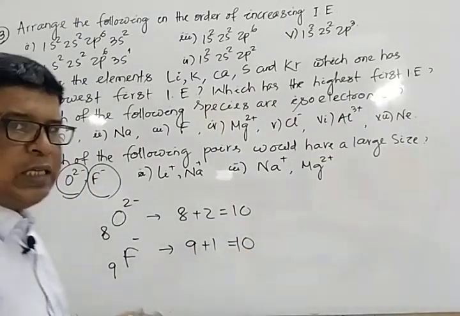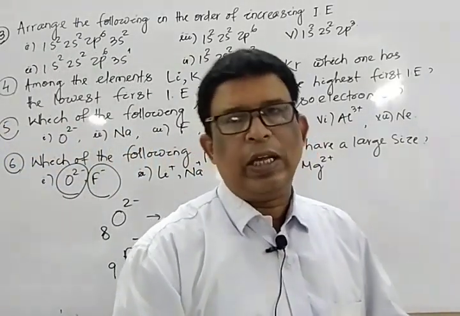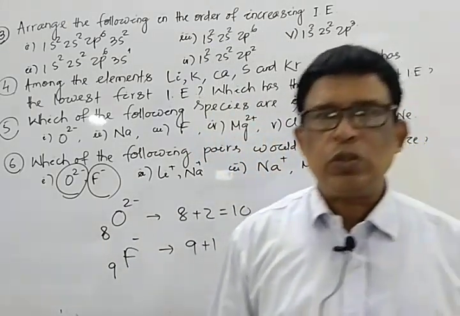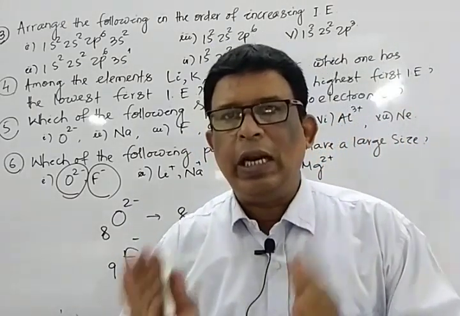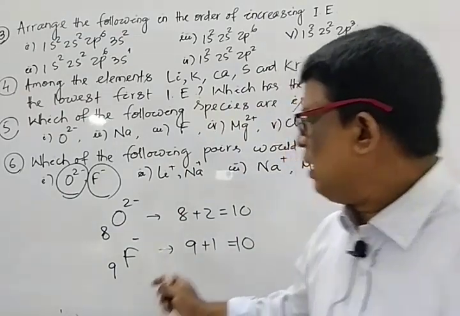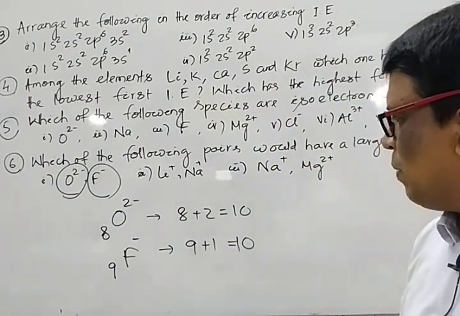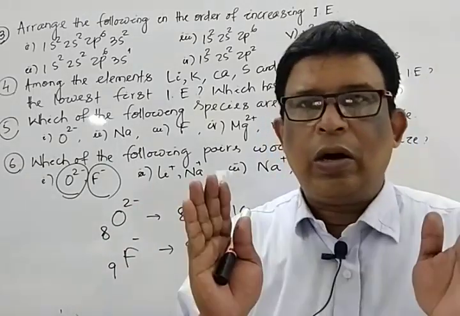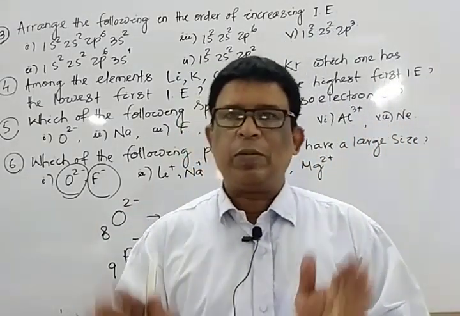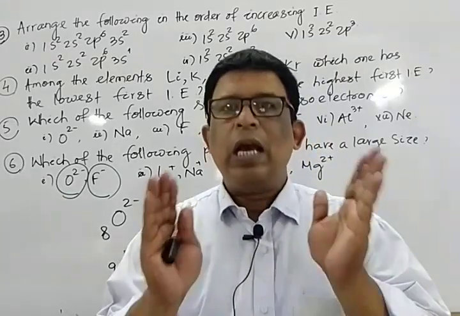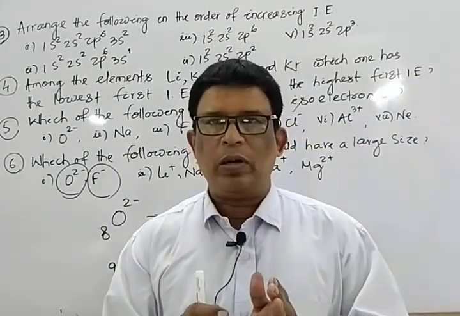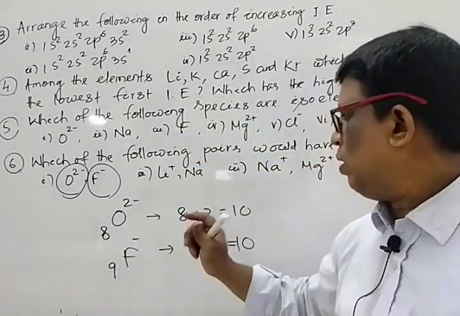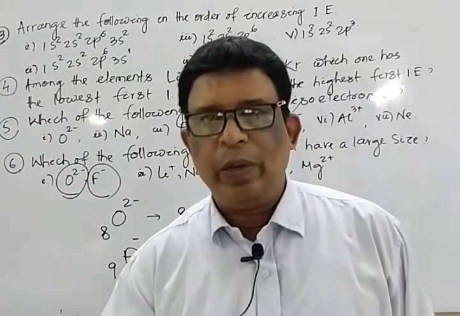That means these are known as isoelectronic species. So in case of isoelectronic species, which one possesses larger size? In case of isoelectronic species, the atom or ion having lower atomic number possesses larger atomic size.